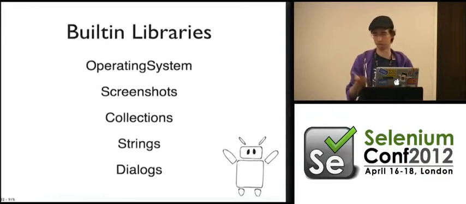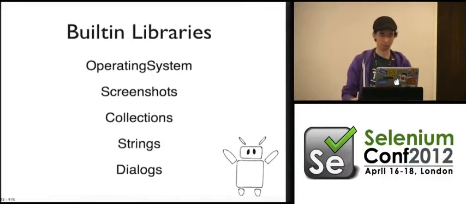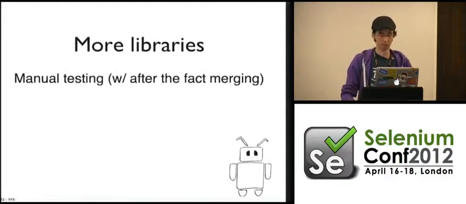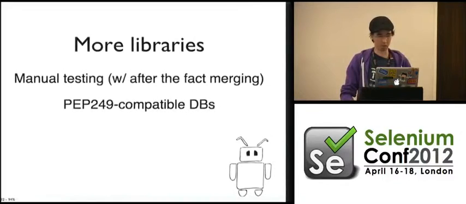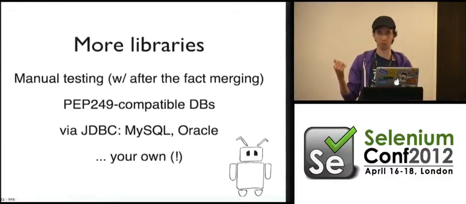And operating system libraries include stuff like creating directories, creating files. There are libraries for manual testing, for databases, for JDBC compatible databases, so you can create stuff and ask for stuff. And as I showed earlier, it's really, really easy to write those two or three integration points with your software.